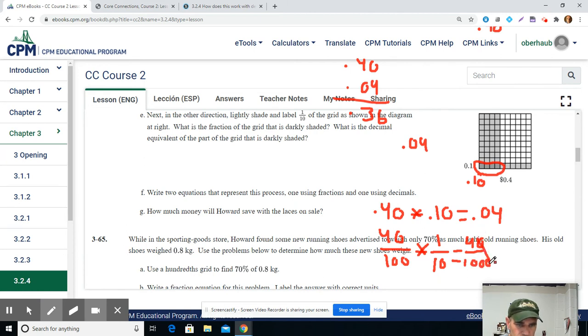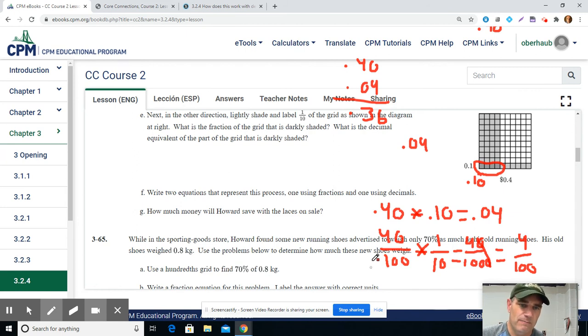We could chop off some zeros right there. And that is going to be 4 out of 100, which would be 4 cents. So we wrote it as a decimal. We wrote it as a fraction. Both ways, we end up with 4 cents. So how much will we save on laces?